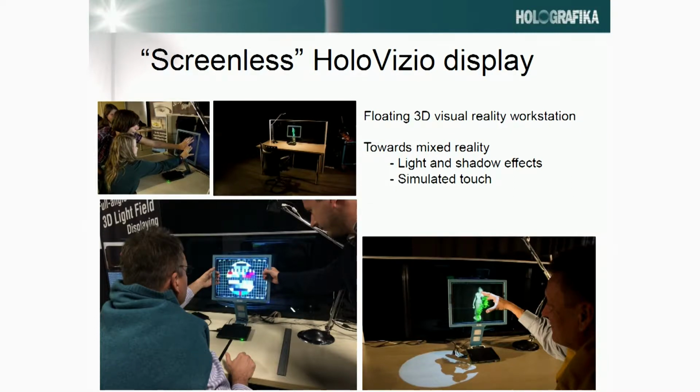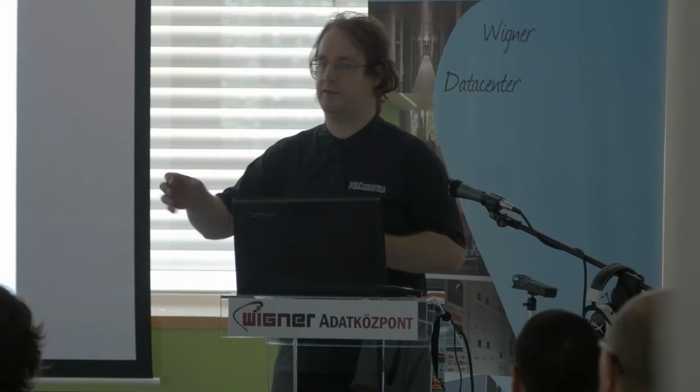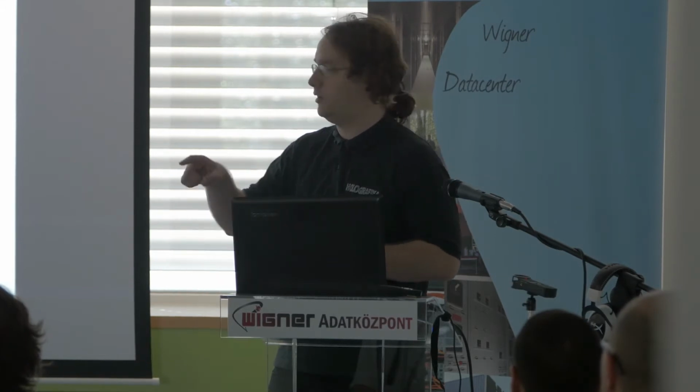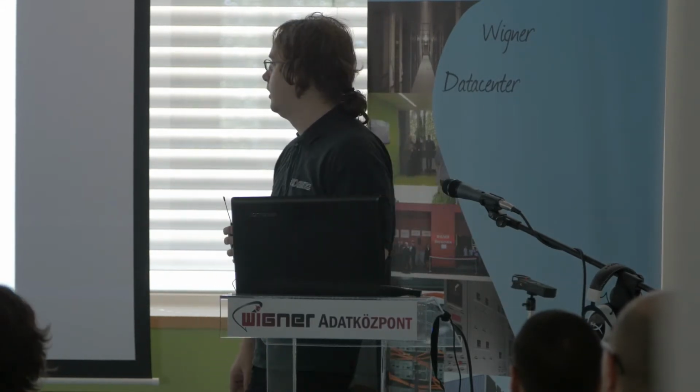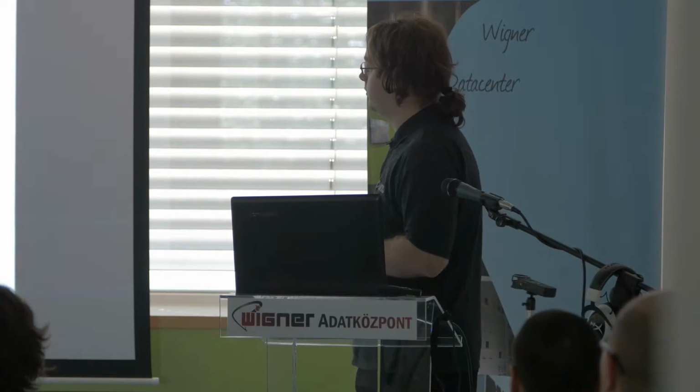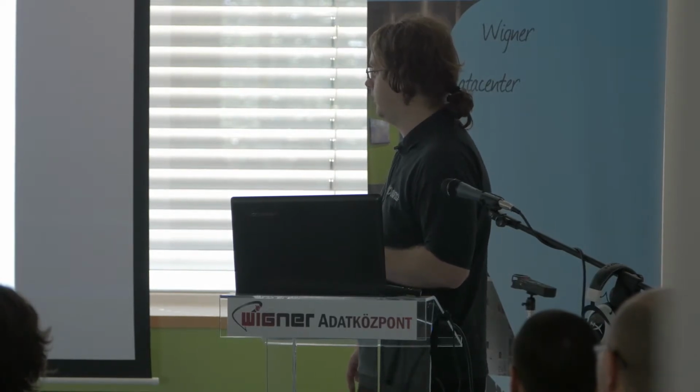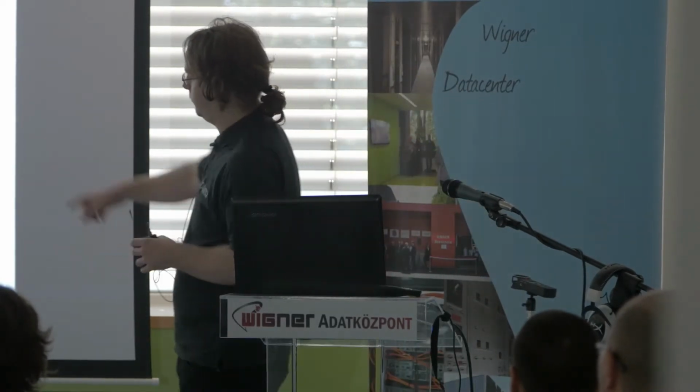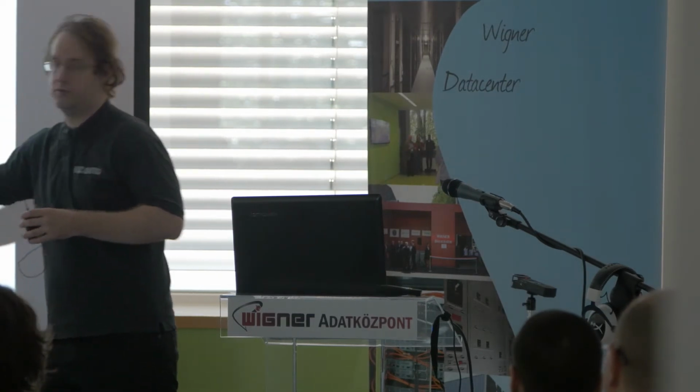You can touch the objects inside because there is an ultrasound projector, this small stuff here, which can generate a gentle buzz on your hand whenever you're touching virtual objects. There are also simulated light and shadow, where you can see the shadow from the virtual world can hit the real world.